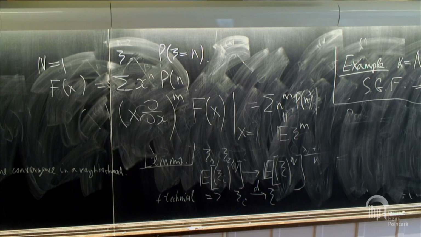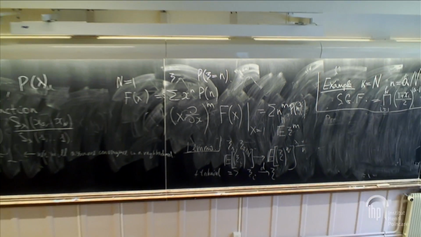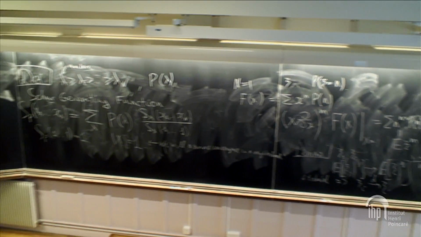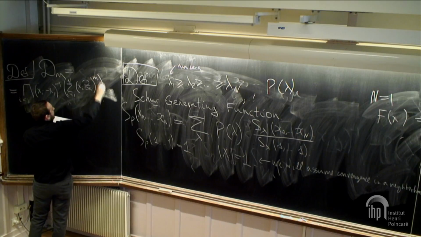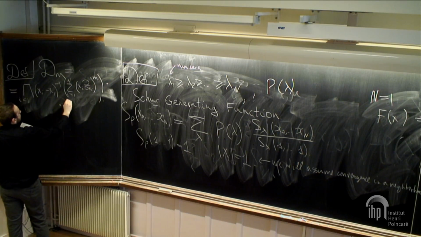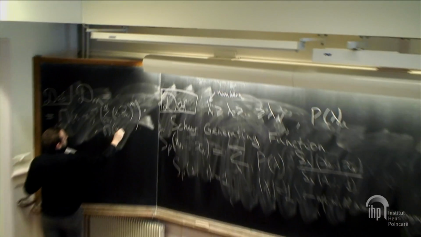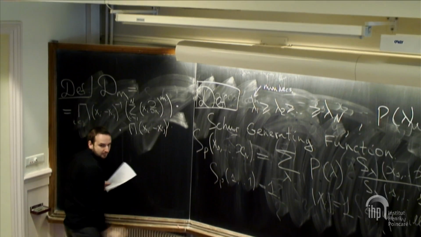It will be an operator, we'll call it D_m. And that will be equal to the product over i smaller than j of (xi minus xj) inverse, times the sum, i goes from 1 to n, of (xi d/dxi) to the m, and times the product of (xi minus xj).